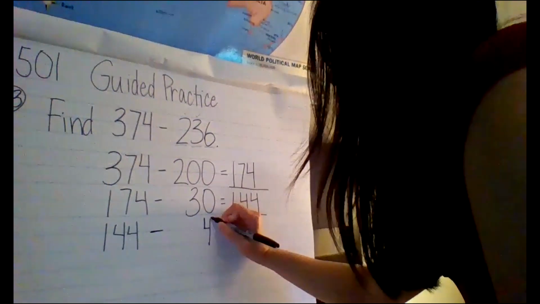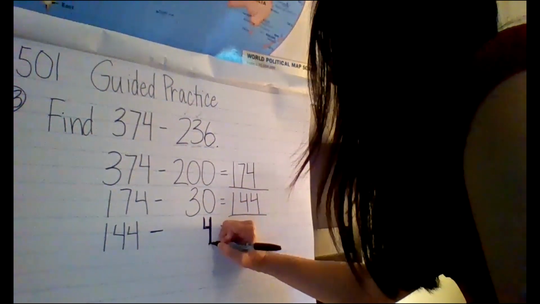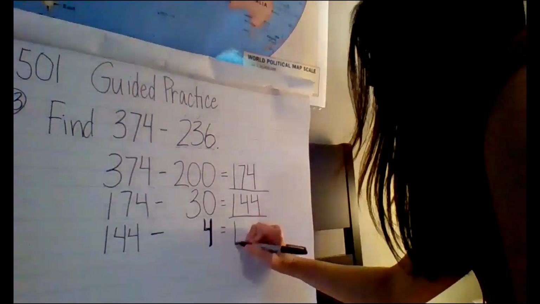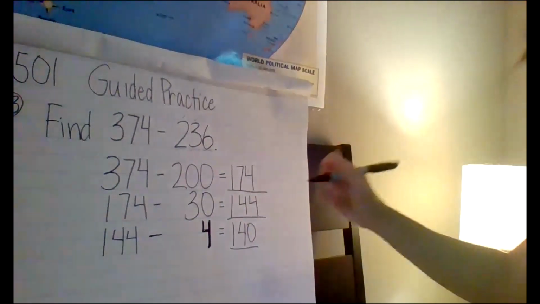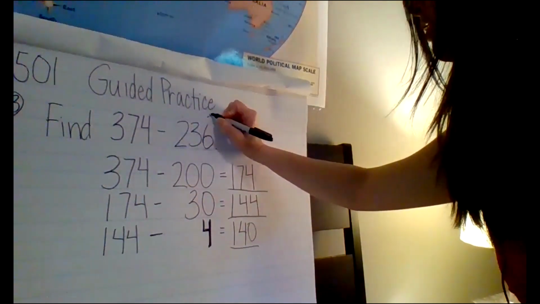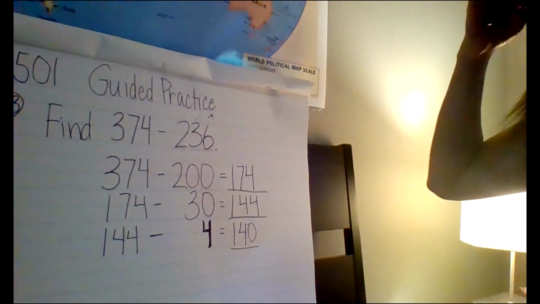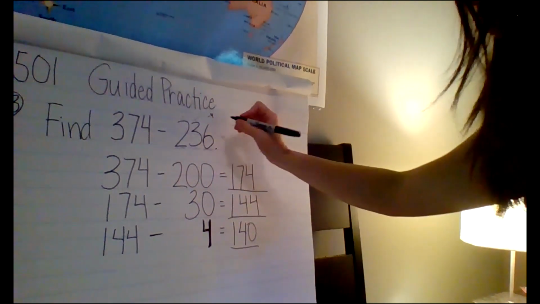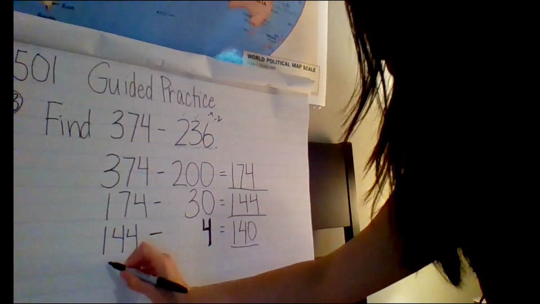Notice I'm just trying to keep it lined up by place value. Minus 4, all right, equals 140. Now we've taken away, of the 6, we've only taken away 4. How many more do we need to take away? How many more do we need to subtract? Another 2, right? So we've got 140.